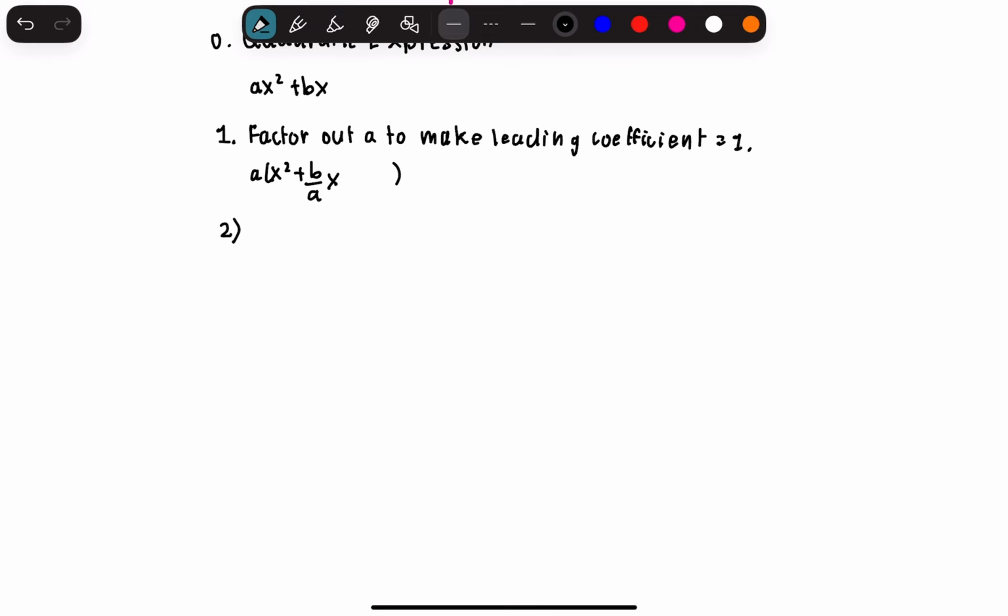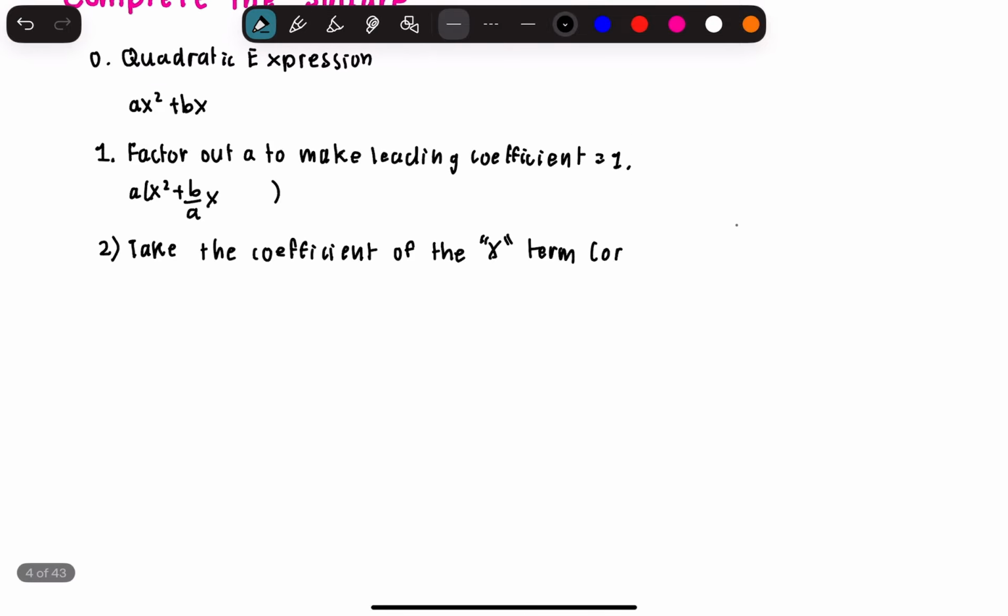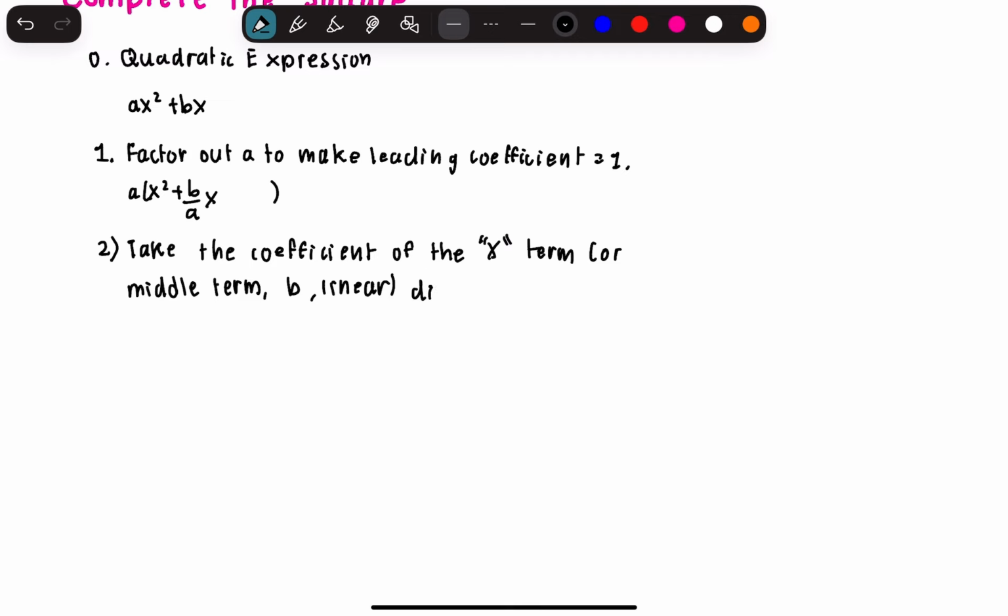Now you want to take the coefficient of the x term, or the middle term, which is your b, your linear term, and divide it by 2.